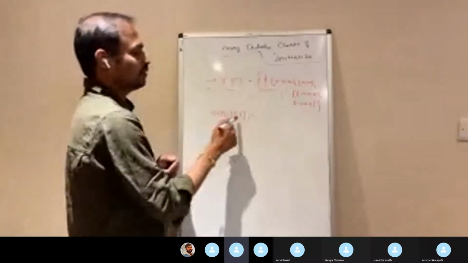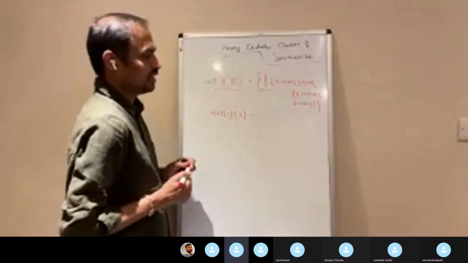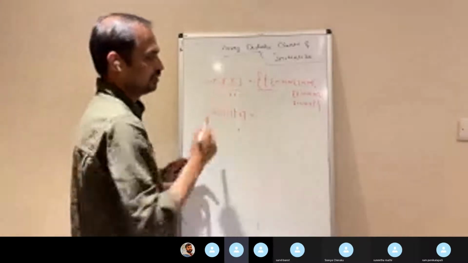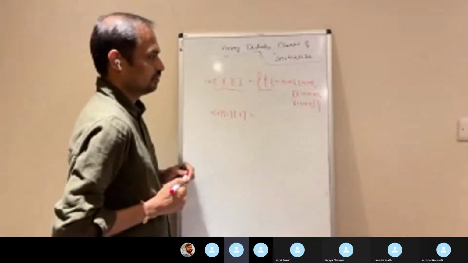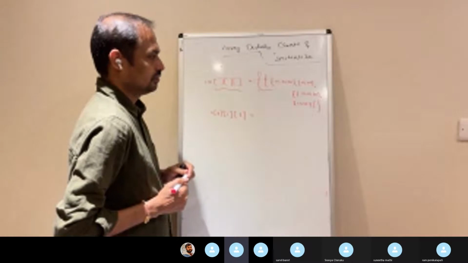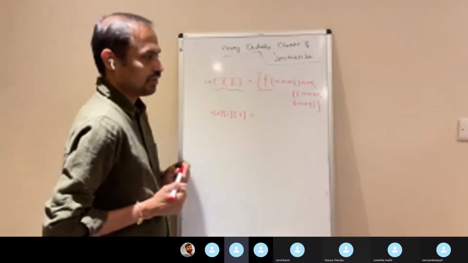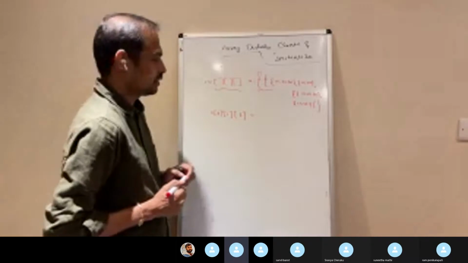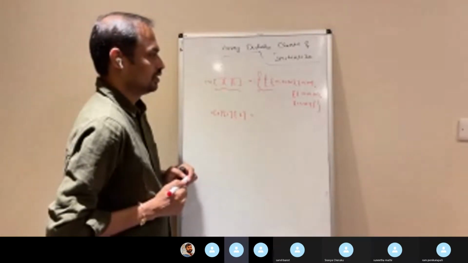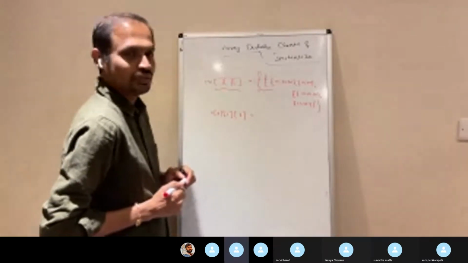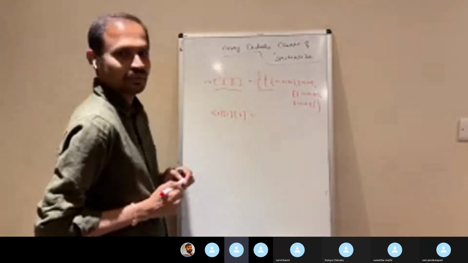Can you tell me x of 0 of 1 1 2? What is the value of x of 0 1 2? What is the value of x of 0 of 0?